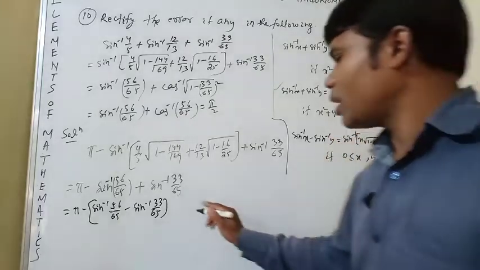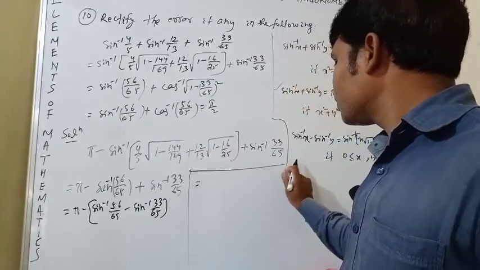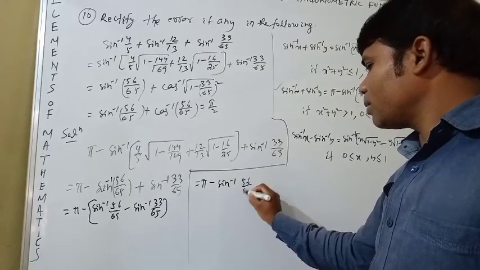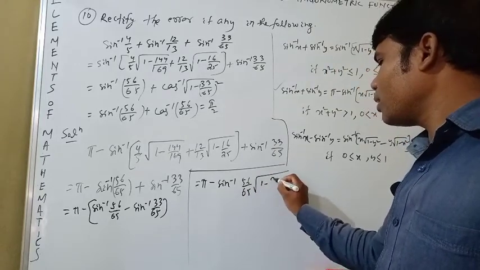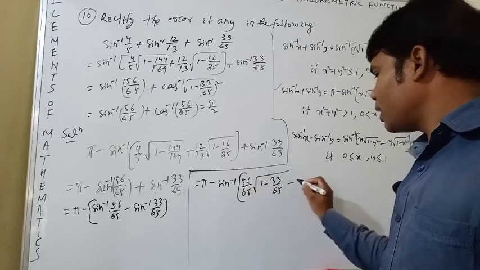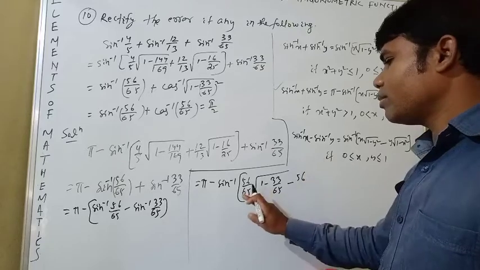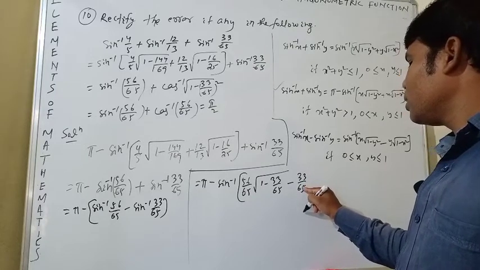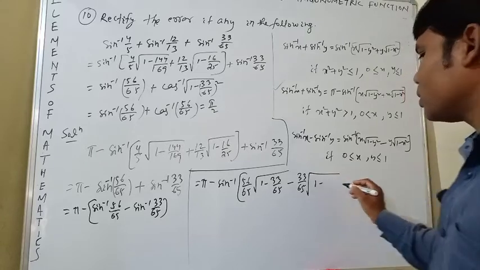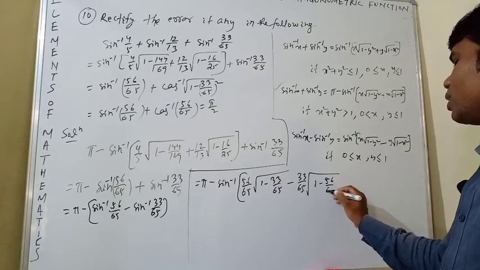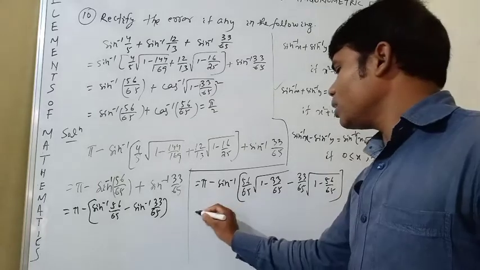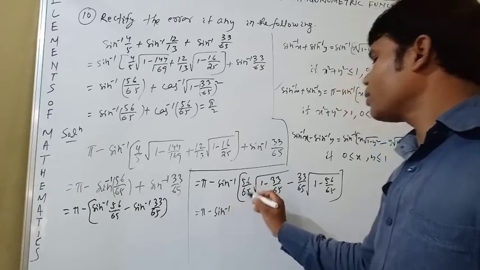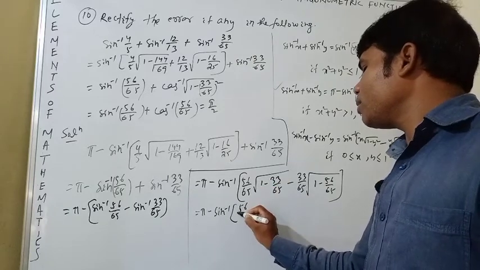So we can apply this formula. This is equal to pi minus sin inverse of 56 by 65 root over 1 minus (33 by 65) square, minus 33 by 65 root over 1 minus (56 by 65) square.